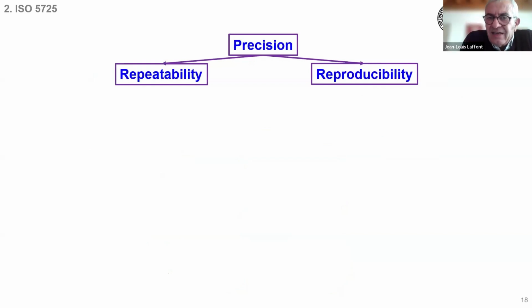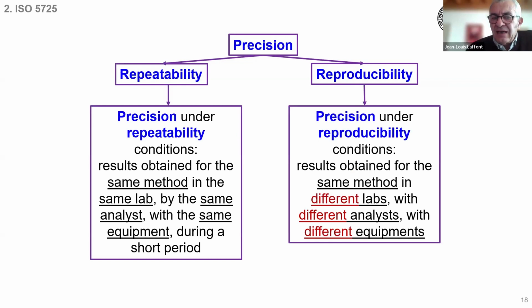Let me develop a little more on precision. I said that it can be decomposed into two components, repeatability and reproducibility. Repeatability is a precision, but under particular conditions. You are dealing with the same method in the same lab, the same analyst analyzing the results using the same equipment, and the period of analysis should be short.